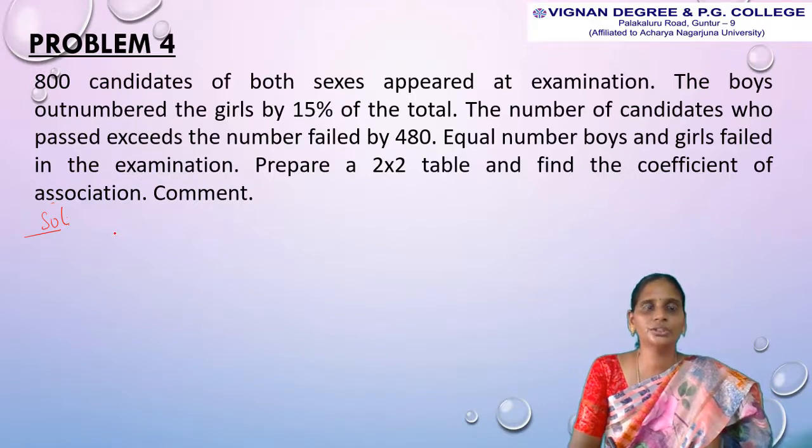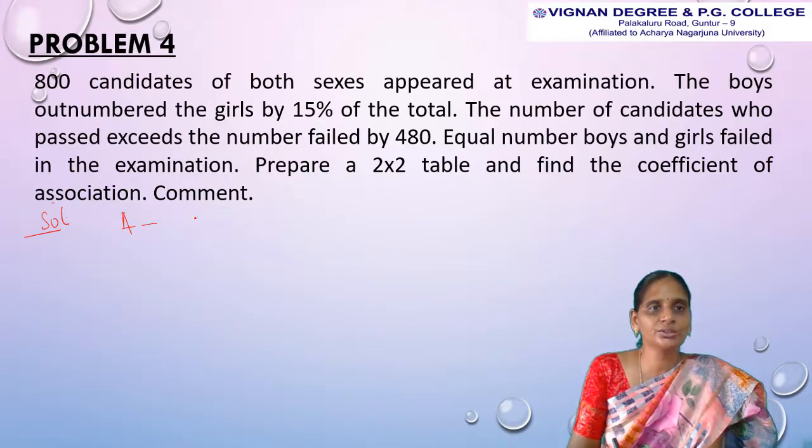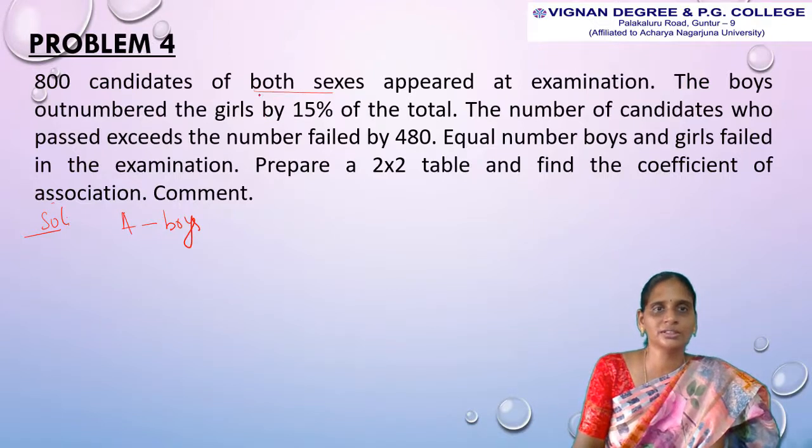So here we have to denote the attributes. Attribute A is denoted by boys, and alpha is denoted by girls.